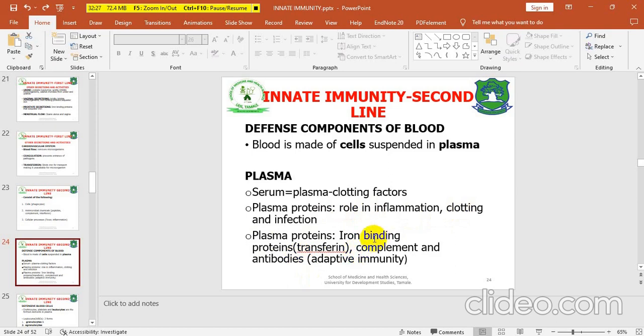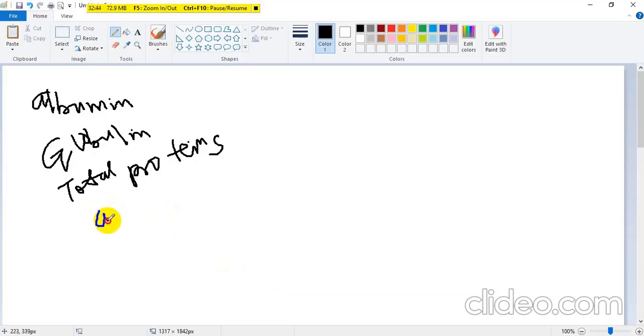Plasma proteins are ion binding. Some of them bind to iron; we call them transferrin. Some of them also act as the complement. Antibodies are also plasma proteins. I forgot to add the antibodies. An antibody is a plasma protein. We have complement; it's also a protein. The complement system.